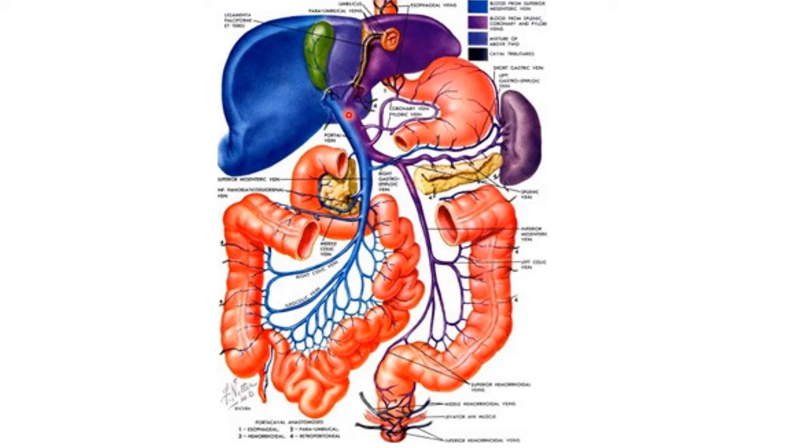The portal vein is 3 inches in length and it collects blood from the abdominal and pelvic part of the alimentary tract except the lower part of the anal canal, from the gallbladder, the pancreas and spleen, and transports this blood to the liver.